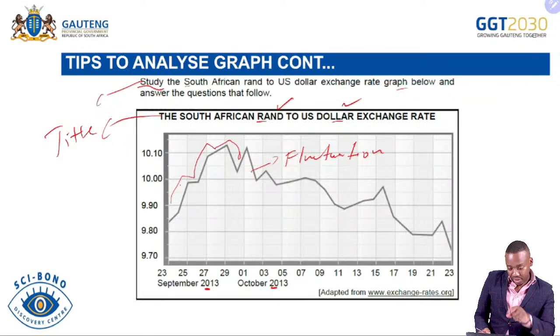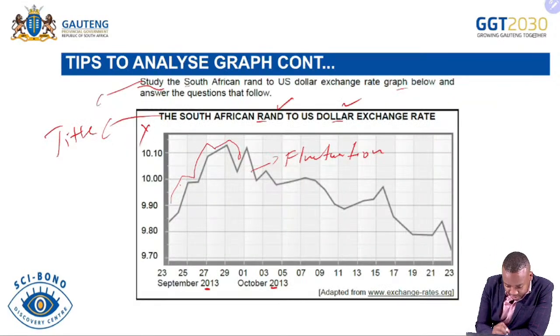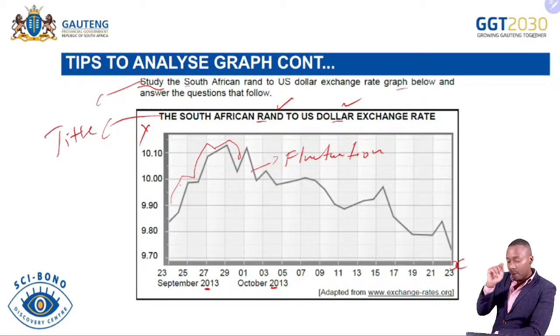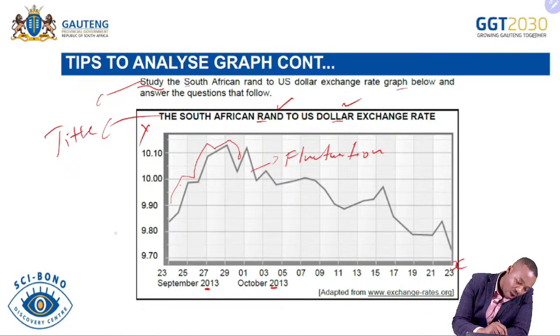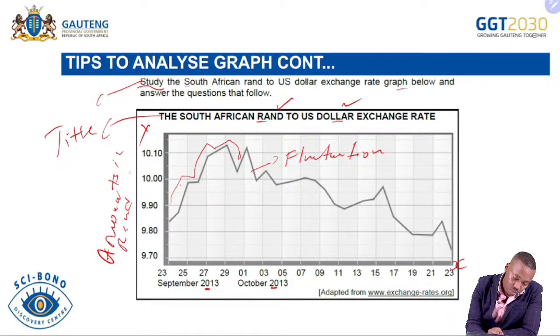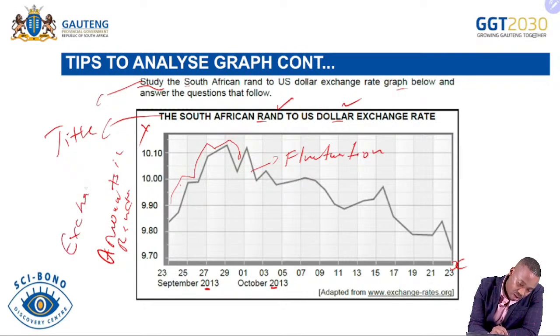Let's go on this graph. Let's check our y-axis. There we have it, and this side we have our x-axis. What do we have on our y-axis? Here we have our amounts in rands, or our exchange rates. It starts at 9 rand 70, 9 rand 80, 9 rand 90, 10 rand, 10 rand 10.